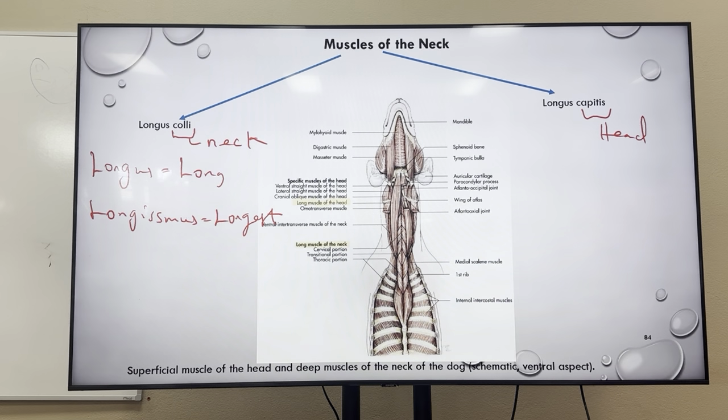So this is the long muscle of the head, longus capitis, and the long muscle of the neck, longus colli.